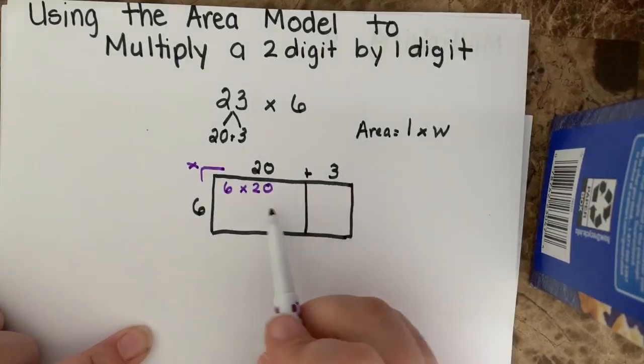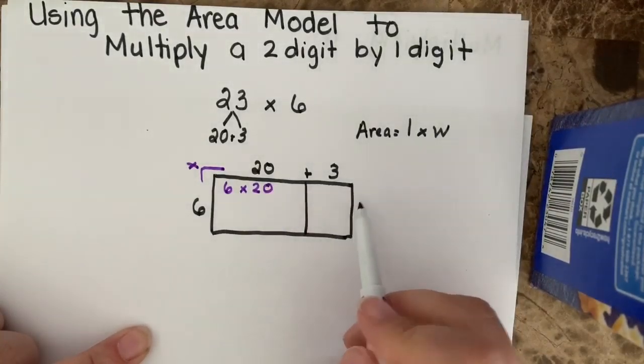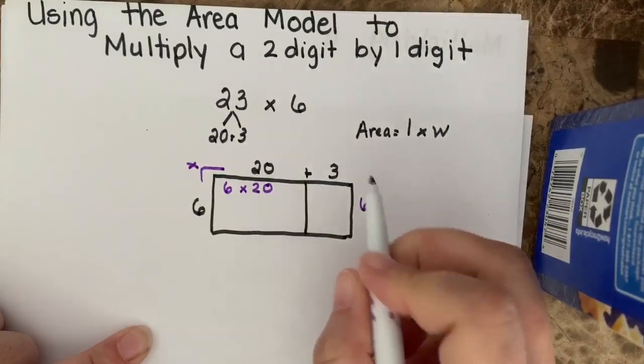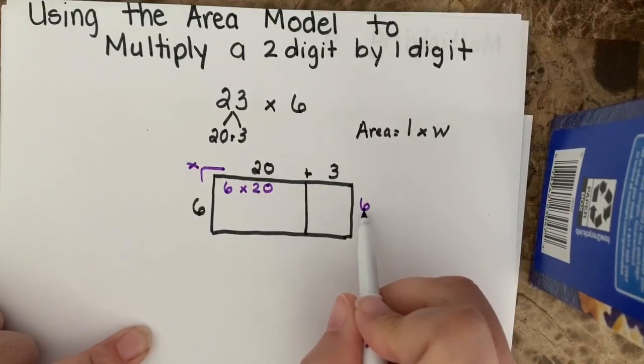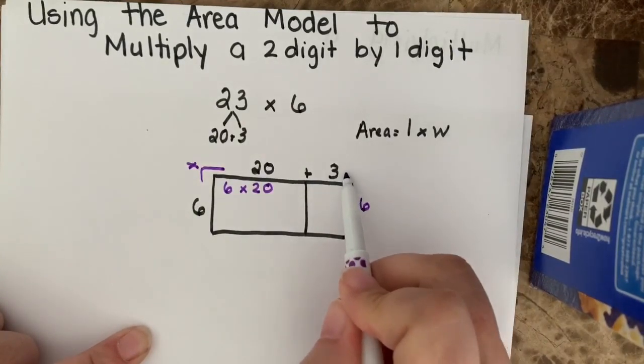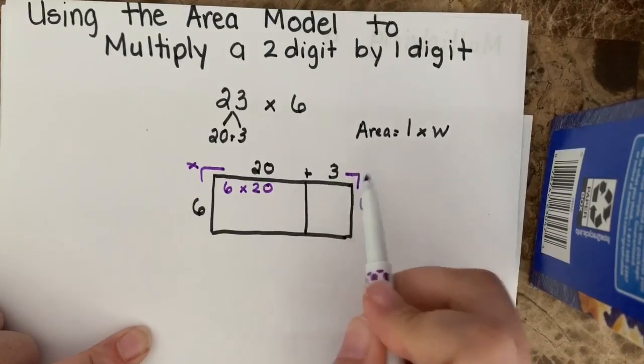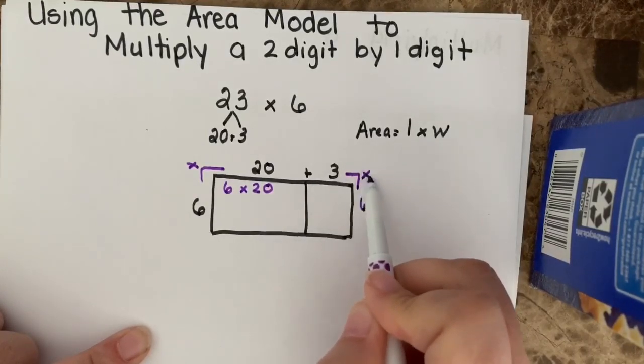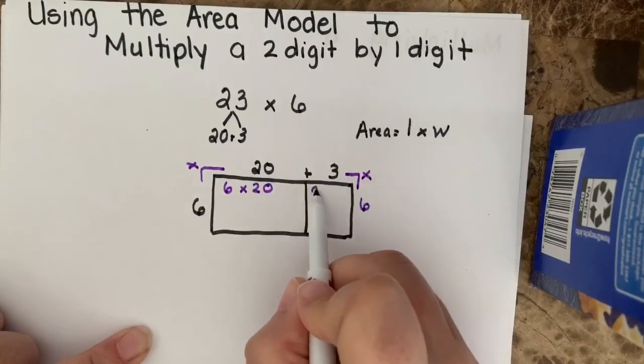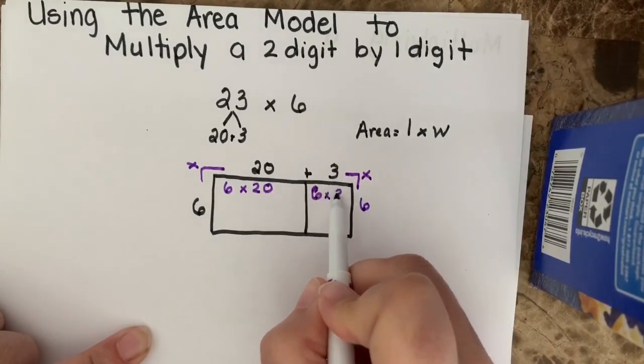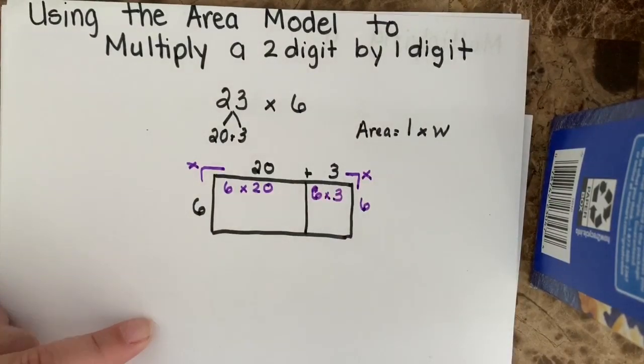Since this is a rectangle, this side over here is also measured at 6. So I'm going to multiply 6 times 3 in this rectangle.